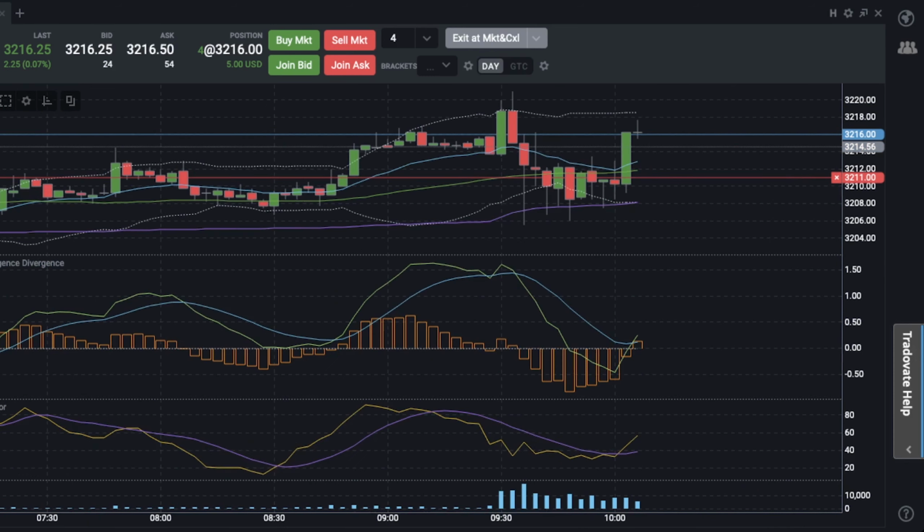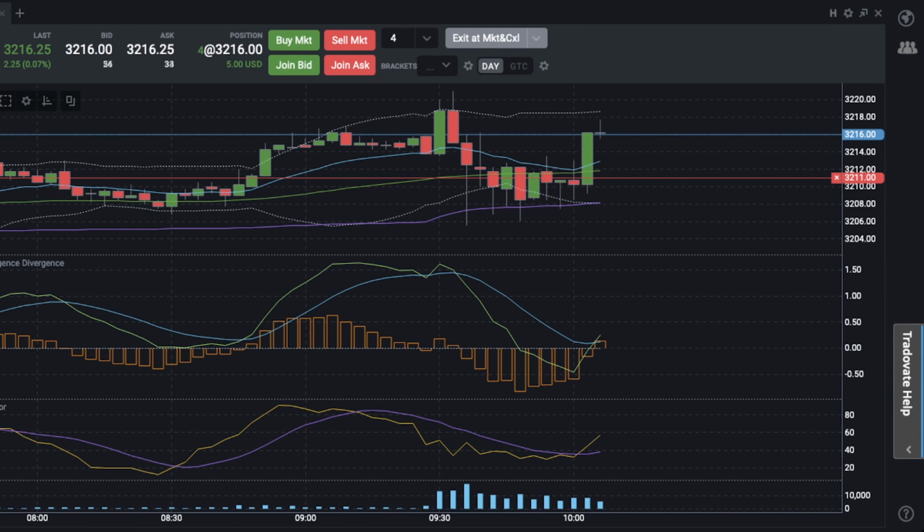I had a limit to exit order in place as well, but I just took that out just in case this runs. Usually in the first hour of the day, there'll be a directional run, and because of the good news, I'm expecting a run in the positive direction.